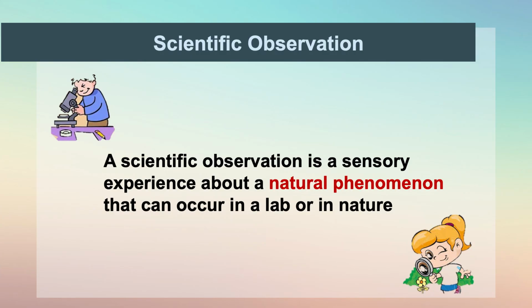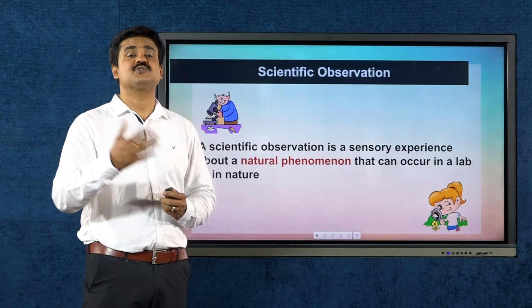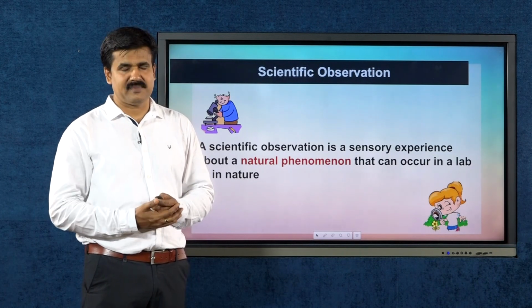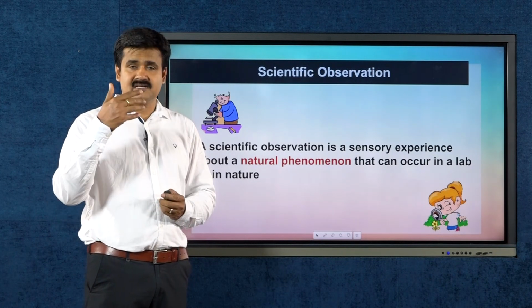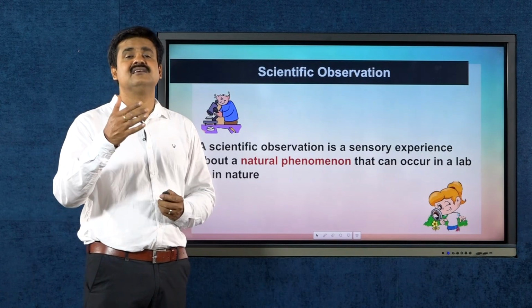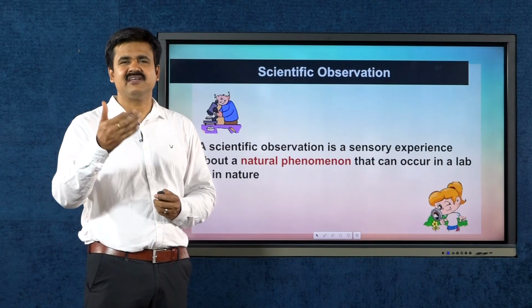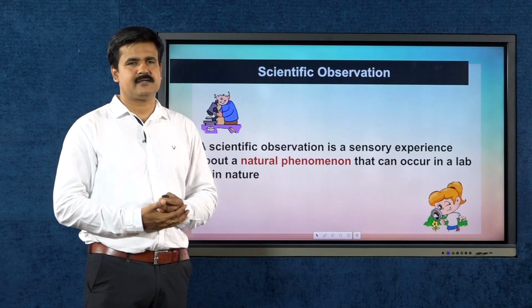So, a scientific observation is a sensory experience about a natural phenomenon that can occur in a lab or in nature. For instance, we heard about the natural phenomenon of tsunami. We are all scientifically observing the phenomenon with a very studious mind and with very critical thinking.